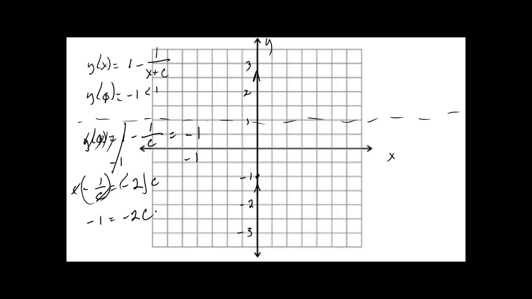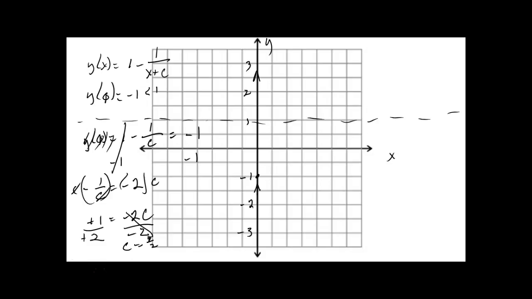Now what? Divide by -2. And what does that give us? C is equal to +1/2. That's really ugly down there, but it's 1/2. So now we got C is equal to 1/2, which is what they did.